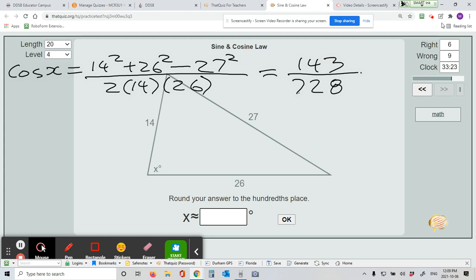What would that mean about your answer? Anybody know? I'll tell you. The angle that you're trying to find is an obtuse angle. It's bigger than 90. So once the angle is obtuse, you're going to get a numerator which is negative. So don't be alarmed if it works out to be a negative number. Okay. So next step. What is my next step? Help me out here. Go ahead.